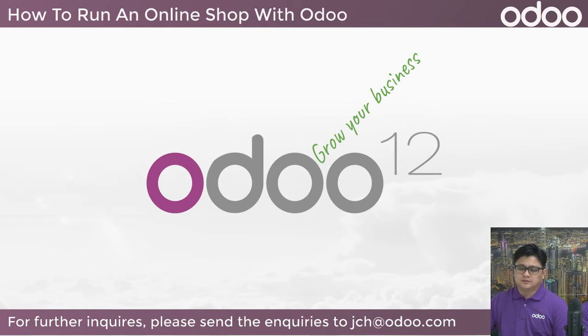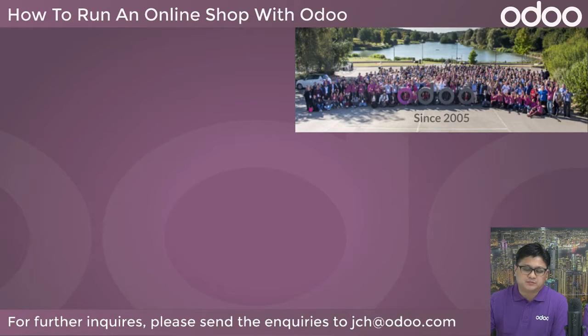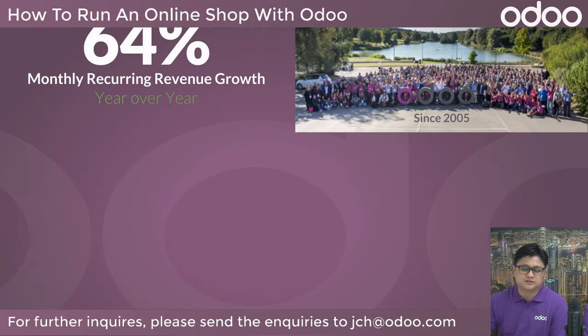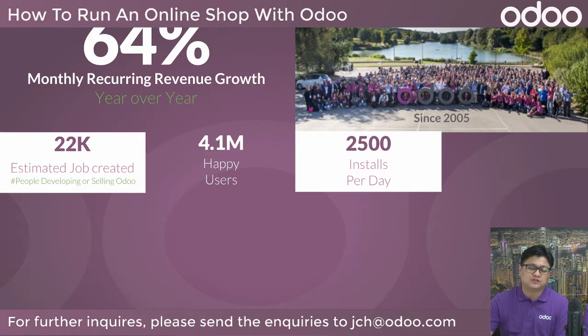All right. So first of all, I would like to introduce a little background on our company, Odoo. Odoo is a Belgium-based company, headquartered there. We started in 2005, and now we have more than 4.1 million users, and 2,500 installations per day, no matter whether they download it from our community version or just register for our online version.